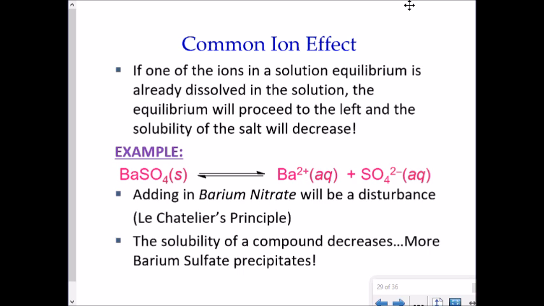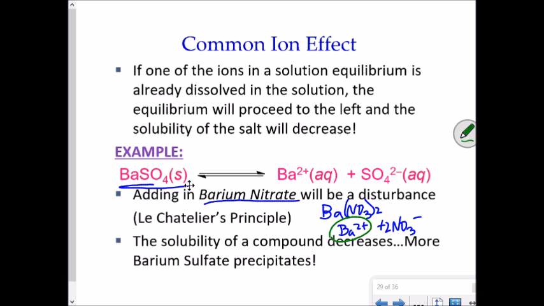Like for this example, we have the barium sulfate, but I'm going to be adding in barium nitrate. Barium nitrate, remember, is going to give us a Ba2+, and then the nitrate ion. The nitrate's not really going to affect anything, but the barium is a common ion. So if I added this in there, I'm adding stuff to that part of the equation.